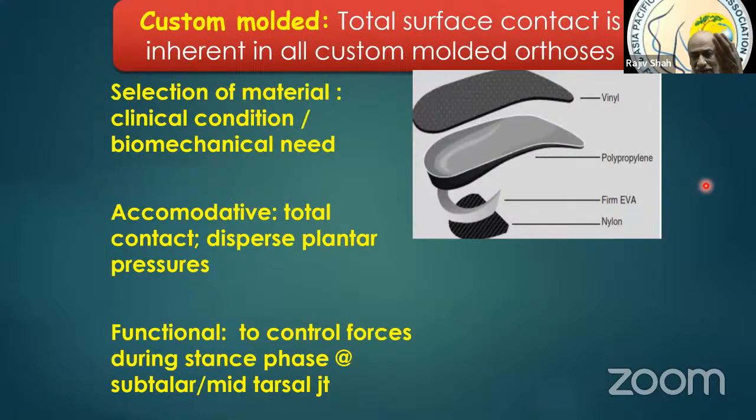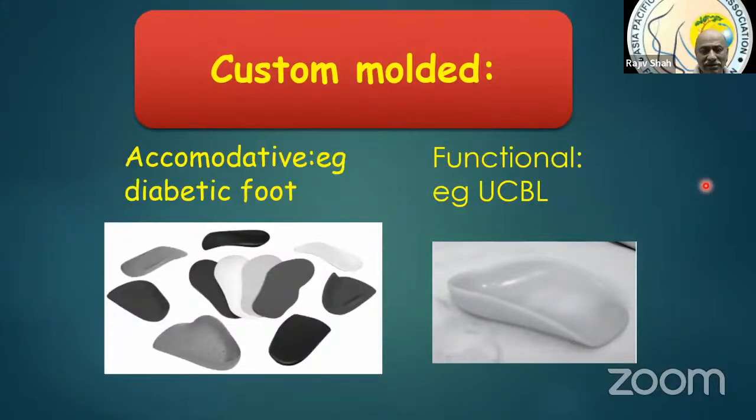Then you can select various materials. I don't want to go into details of all this, but accommodative is a total contact form which disperses the plantar pressure. Functional is to control the forces, like in subtalar and mid-tarsal joint problems. These are all examples of custom molded.